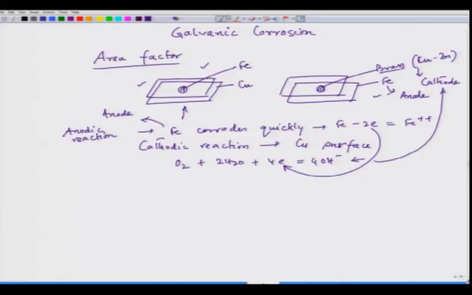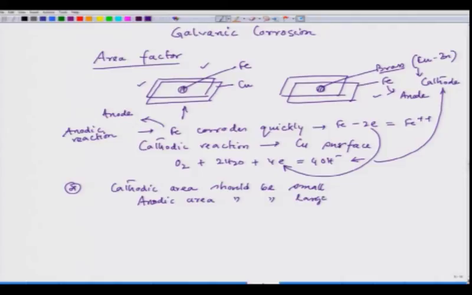So, now from this idea it is very clear that in order to design some joining material, we have to make sure that the cathodic area should be small as compared to the anodic area, which should be large.